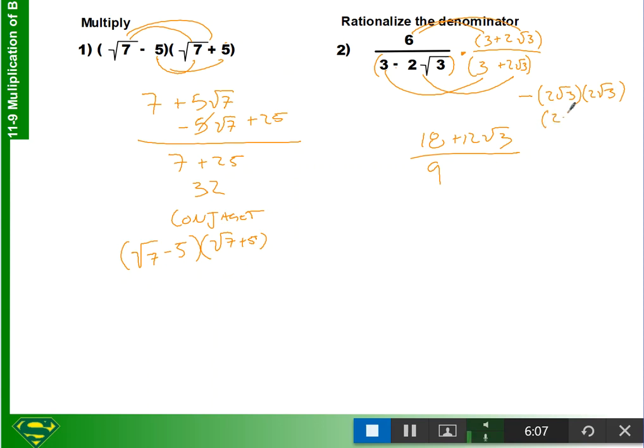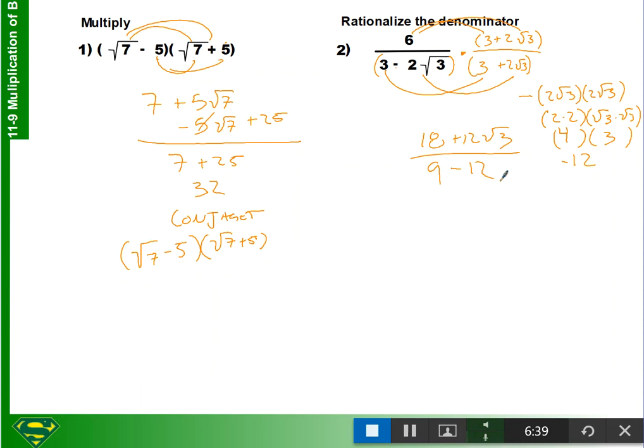I'm going to put the 2 times the 2 together and the root 3 times the root 3 together. What is 2 times 2? 4. Root 3 times root 3 is square root of 9, square root of 9 is 3. 4 times 3 is 12. So if I multiply 2 times square root of 3 times 2 times square root of 3, I get 12. And since we know it's going to be negative, we're going to have negative 12.